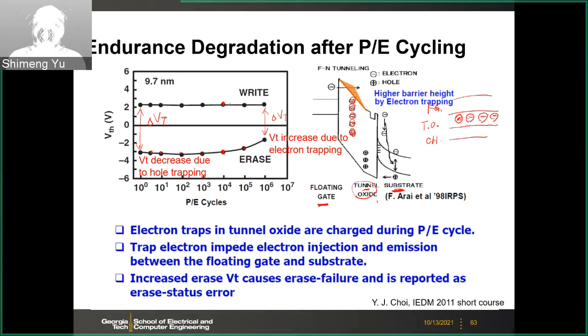If you have some negative charges in the gate stack, that means VTH increases, as we discussed before. That's why here the VTH increases over the cycling. So the quality of the tunnel oxide degrades over the cycling, and then the electrons get trapped. So basically there are some defects in the tunnel oxide, and the defects will capture the electrons.